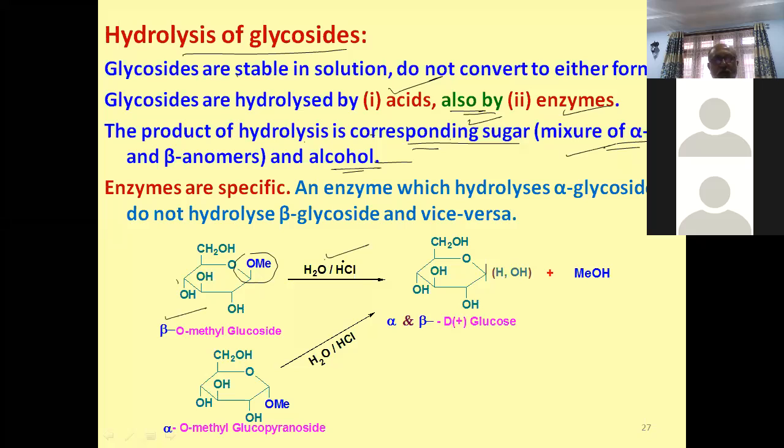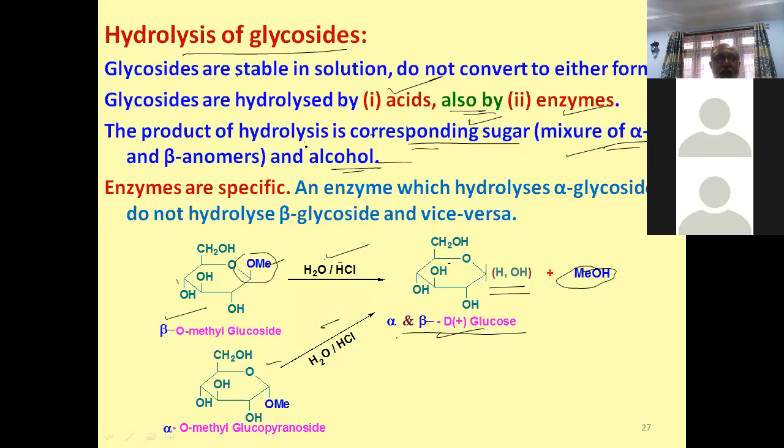You get here this OH group. We started with beta. First we get beta, but beta will not remain beta 100%. It will also get converted into alpha, because we already know in solution they are interconvertible. So we get both alpha and beta in the same proportion that used to be present, and alcohol. So this is your product. If we do the same thing with alpha, we get the same thing.